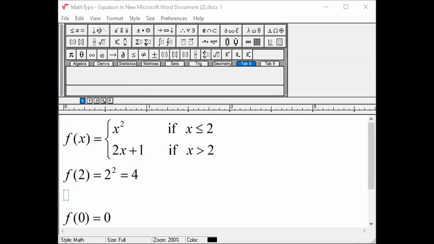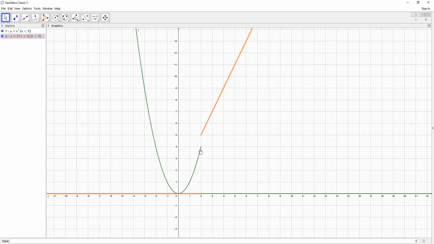Now if we go back and look at the graph again, back to GeoGebra. What you'll typically see in a graph is a way of indicating the point. What's really common here is to have an open circle at the end of the orange line and a filled-in circle at the end of the green parabola-like object. It's a parabola up to this point here, and then suddenly it just stops.